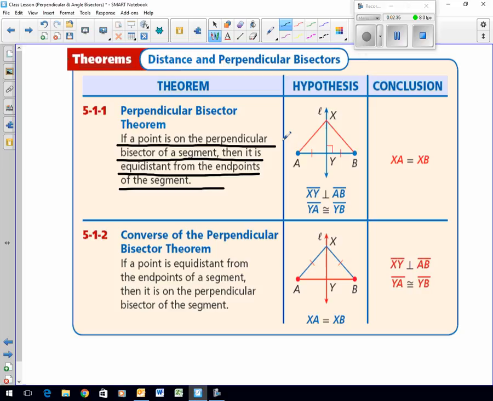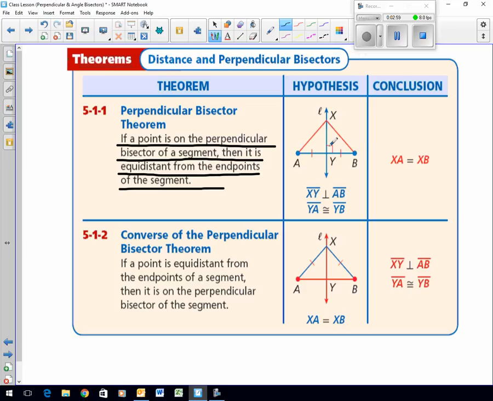What does that mean? Look at this symbol right here. This symbol reads XY is perpendicular to AB. I also give you that YA is congruent to YB.